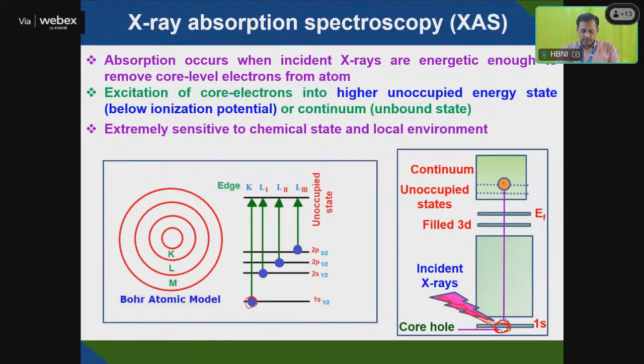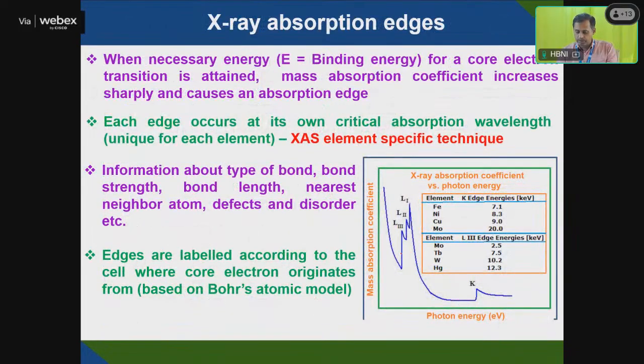Because of this, the absorption coefficient suddenly changes sharply, so you will see an absorption edge, like the K shell here. Once the absorption edge appears, the core electron matches the X-ray photon energy, and you see there is an absorption.